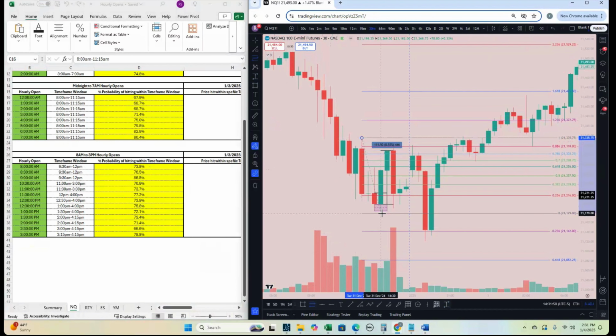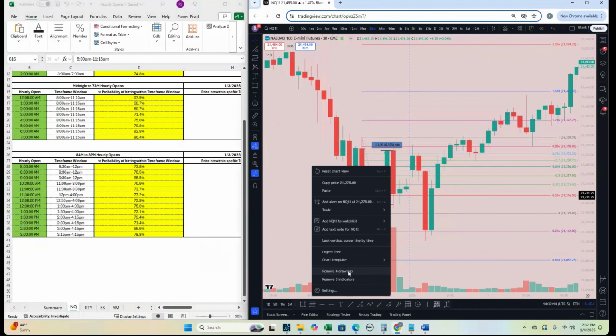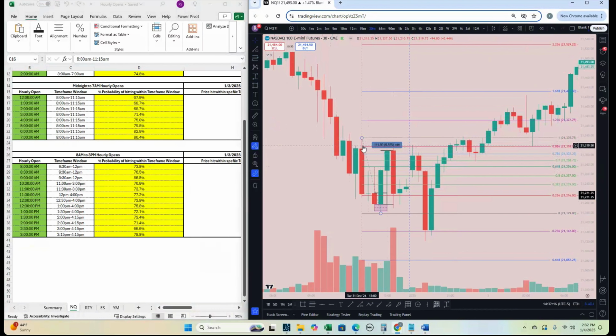But I may use fibs, right? So if we look here, where does this hourly open put you at? Right, dead smack in 0.786, right? And I told you when we're ranging, we're more likely to do deeper retracement. So if I know that there's a 70-some percent chance that we're going to go up here, I'm definitely targeting this 0.5.